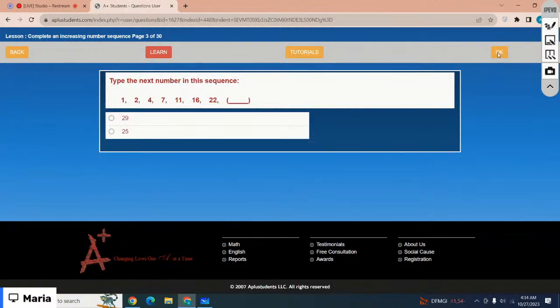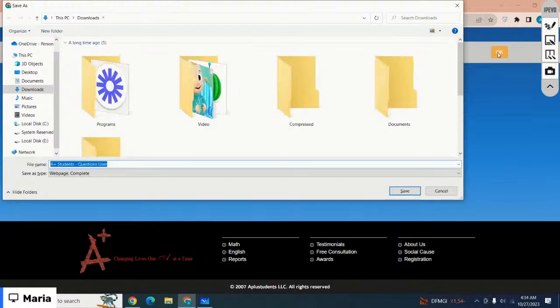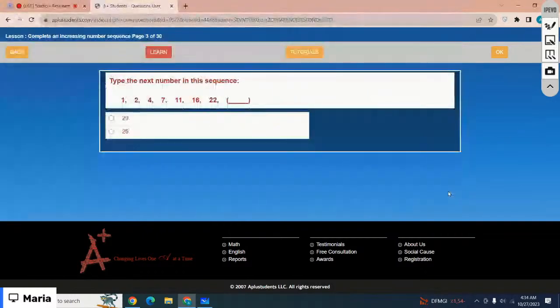The next number in the sequence is, which is the next one? The pattern is increasing by 1 every time, right? 16 plus 6 is 22.